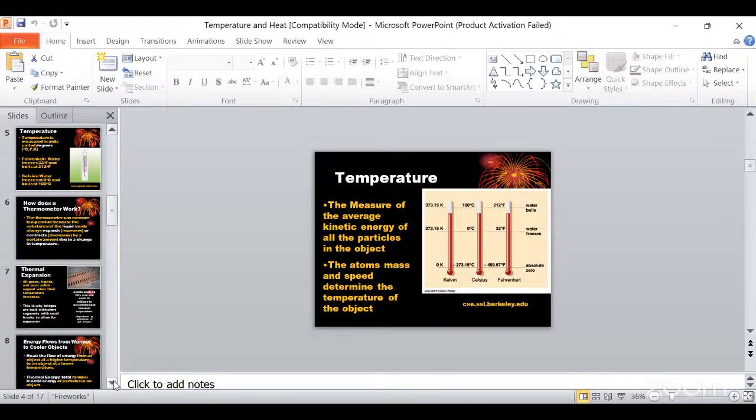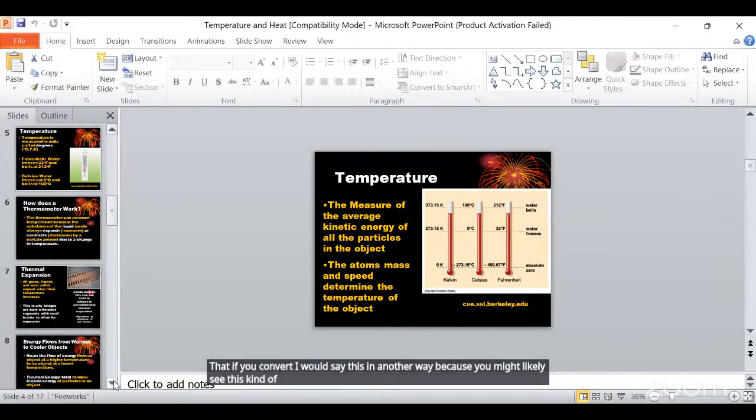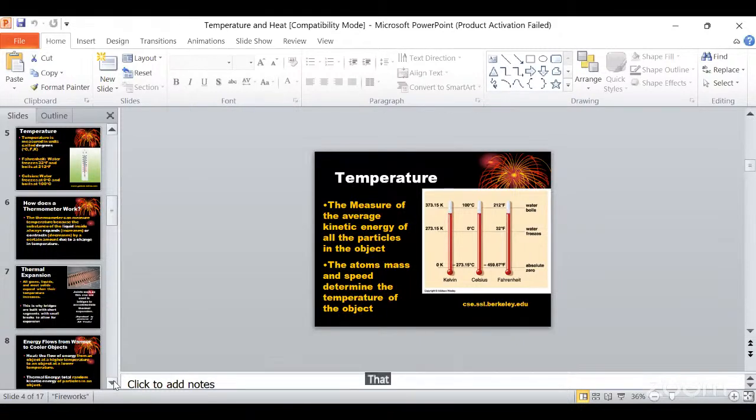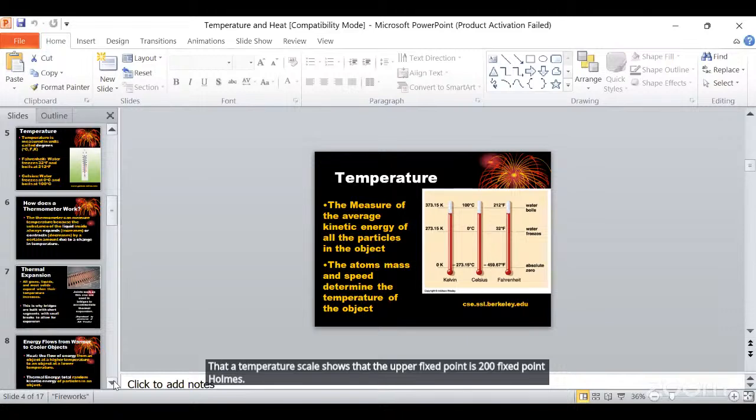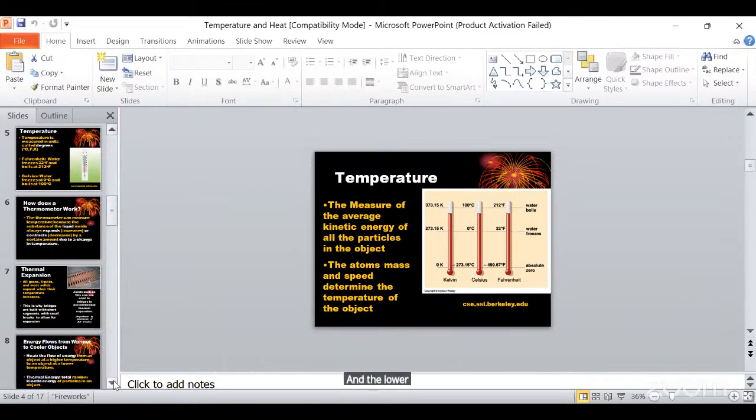Now, the second one is this. I will say it in another way because you might likely see this kind of thing somewhere along the line. A temperature scale shows that the upper fixed point is 200 ohms, and the lower fixed point for the same thermometer is 90 ohms.